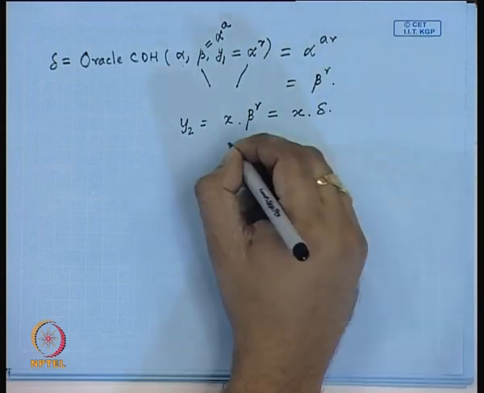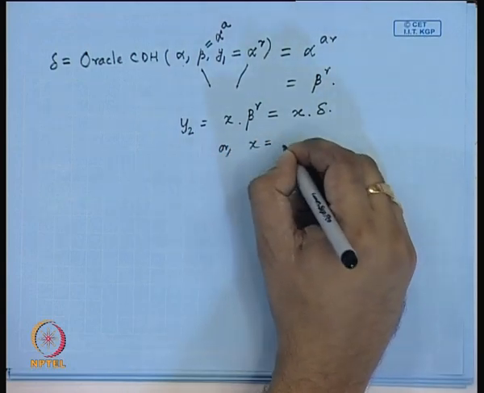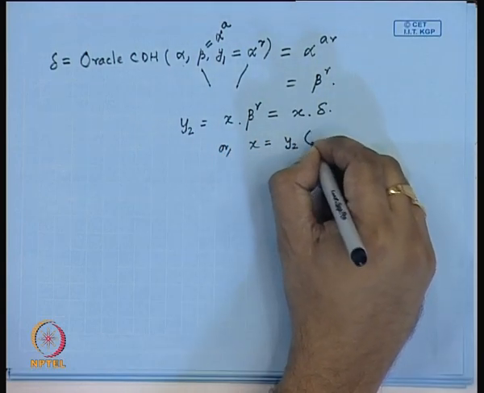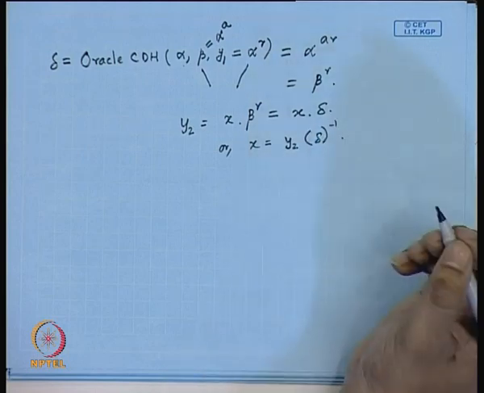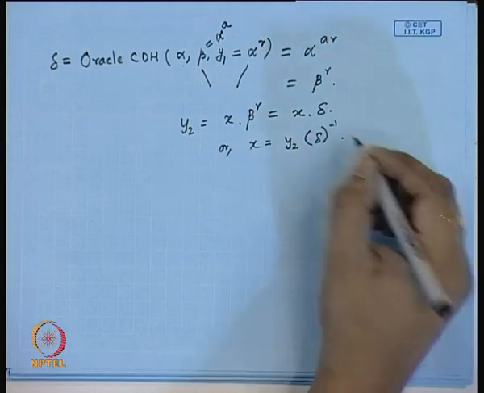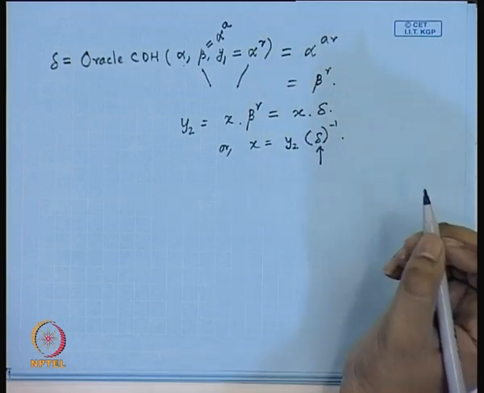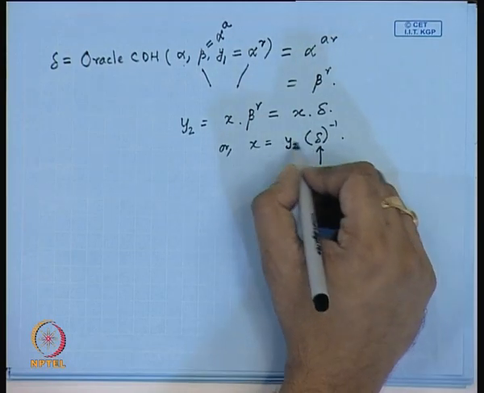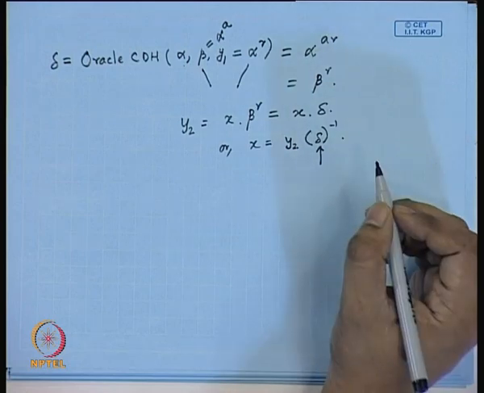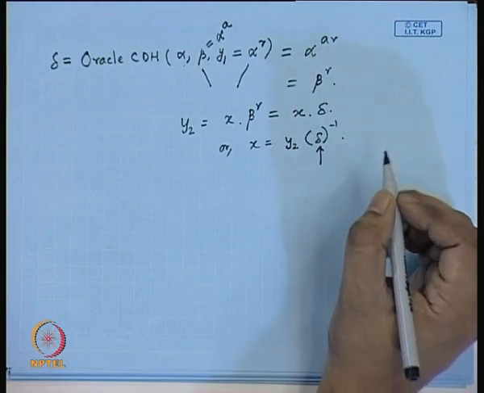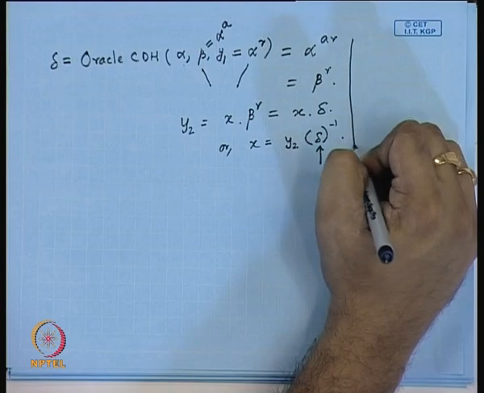So, therefore, in order to find the value of x, I just need to take y2 and multiply it with the inverse of delta. Okay. So, whatever the oracle to solve the CDH problem gives me, I compute the multiplicative inverse and multiply it with y2, I obtain the value of x, right. Now, that explains one direction of the problem.